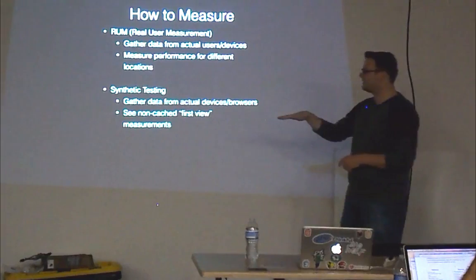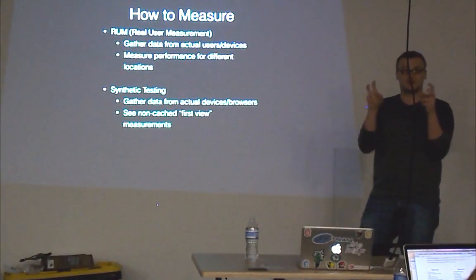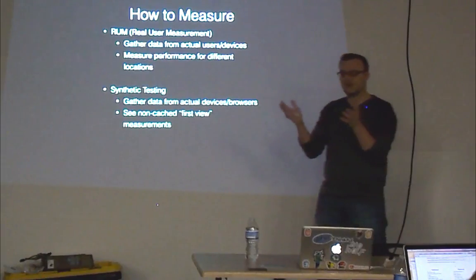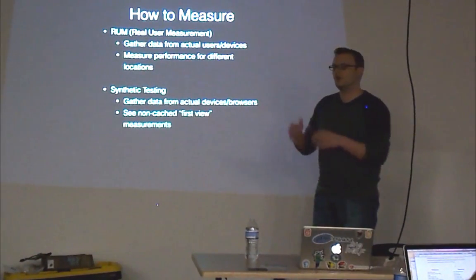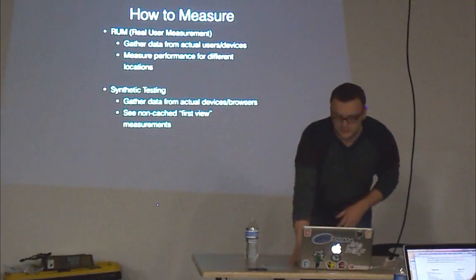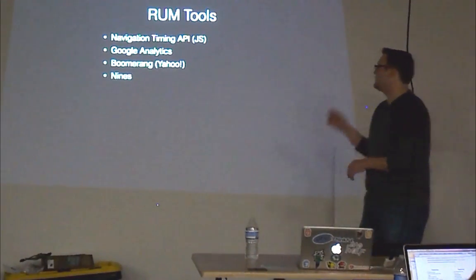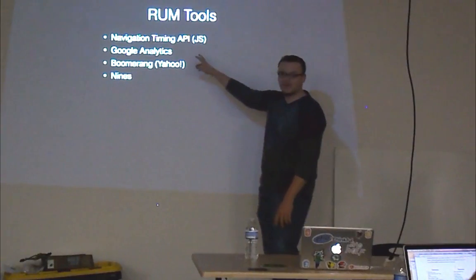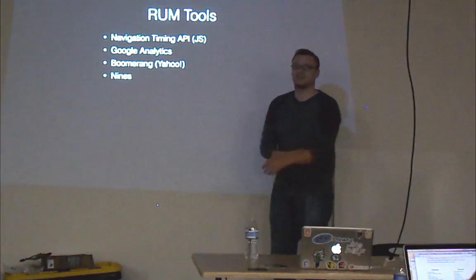And this allows you to see like a non-cached first view type response to your website. So if this is the first time that a user has seen your site, how's it going to perform for them? So looking at real user measurement tools, Navigation Timing API is the best thing to use.